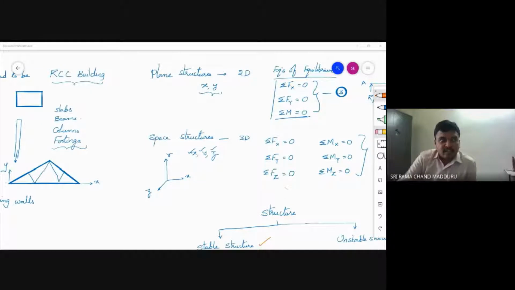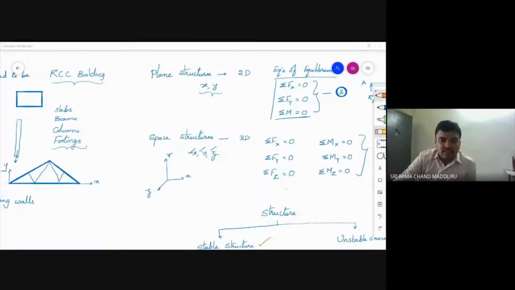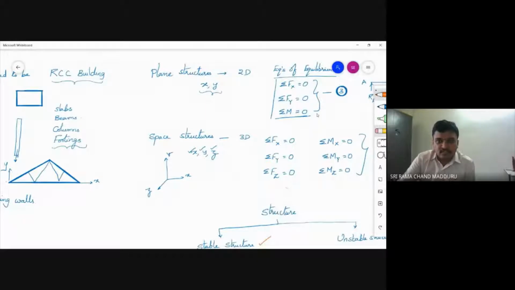In the two-dimensional structures, we have observed that there are three equations of equilibrium, whereas for the space structures, there are six equations of equilibrium available. So for the plane structure, the equations of equilibrium are sigma Fx is equal to 0, sigma Fy is equal to 0, sigma M about any point is equal to 0.